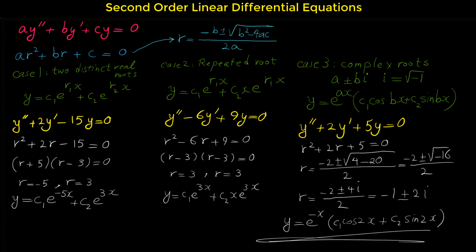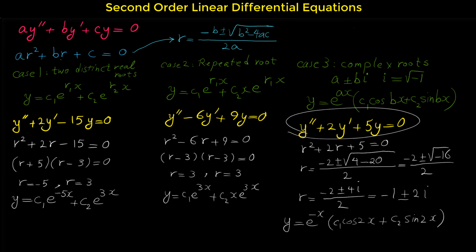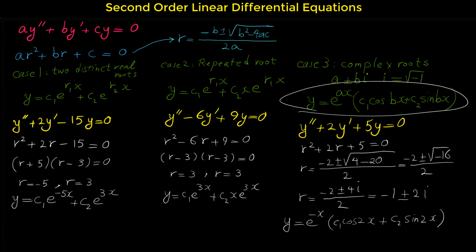And this is the solution of this differential equation. So even the third case is not really complicated. Just write the characteristic equation, find r from this formula as we did here, and then use this formula for this case.